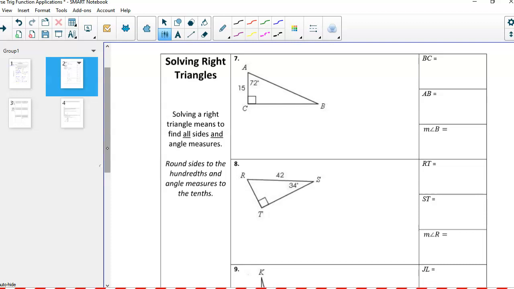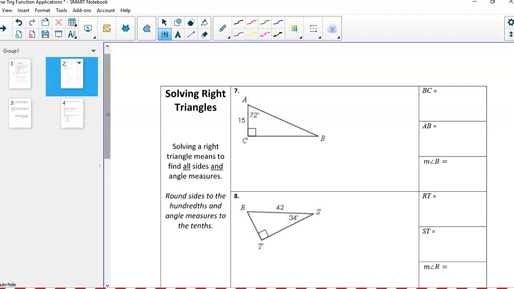So for number one, we have two angles. We need to remember that all angles add up to be 180 degrees. So you could find this missing angle by taking 180, adding these two, and subtracting it from it, to get what degree?